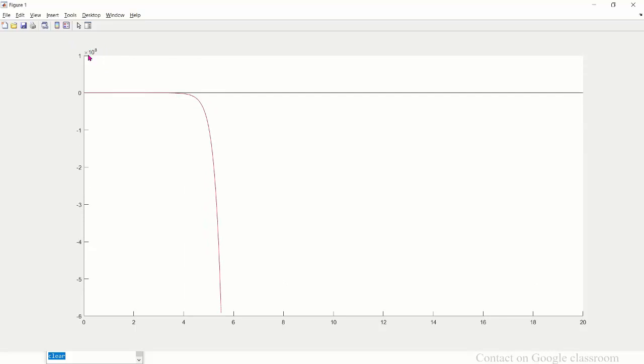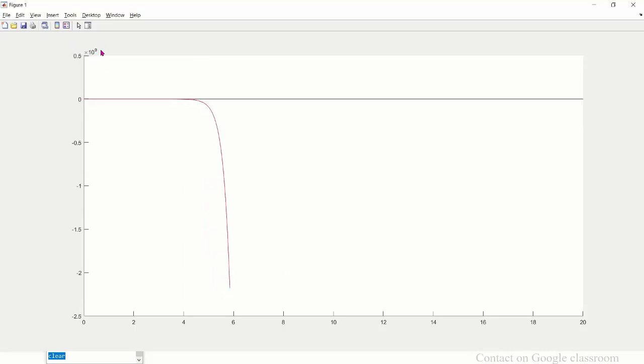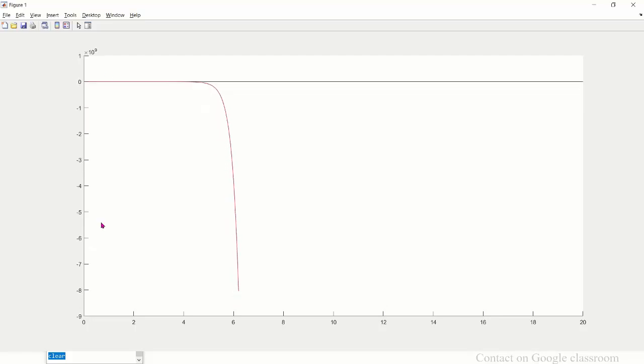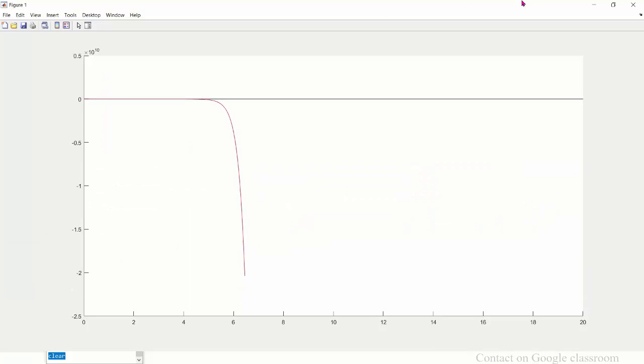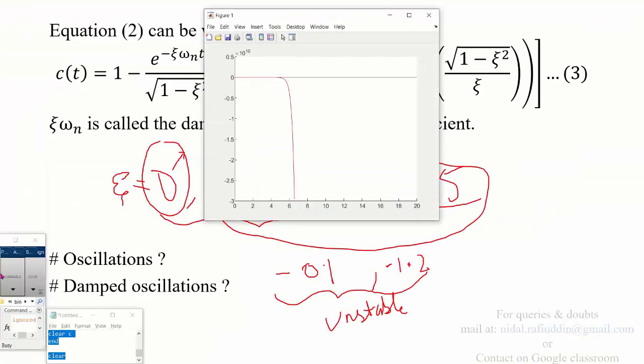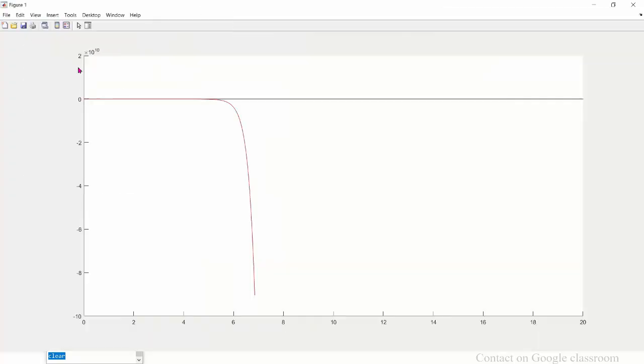So we now approach 10 raised to the power 8 and will keep on increasing. So this is an unstable case. Because we are able to simulate it, we are reaching these large values. But in a physical sense, you cannot achieve these large values because there must be some sort of saturation or breakdown in the system if you go to a very large extent of output.